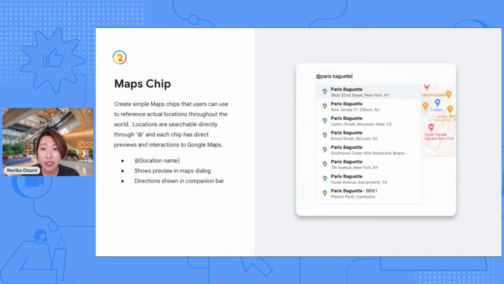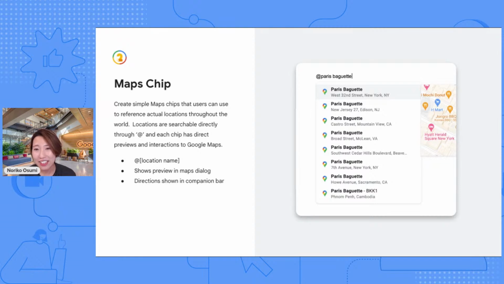The next chips I'll work through are the map chips. This is the ability to have simple map chips, for when you need to reference a location.